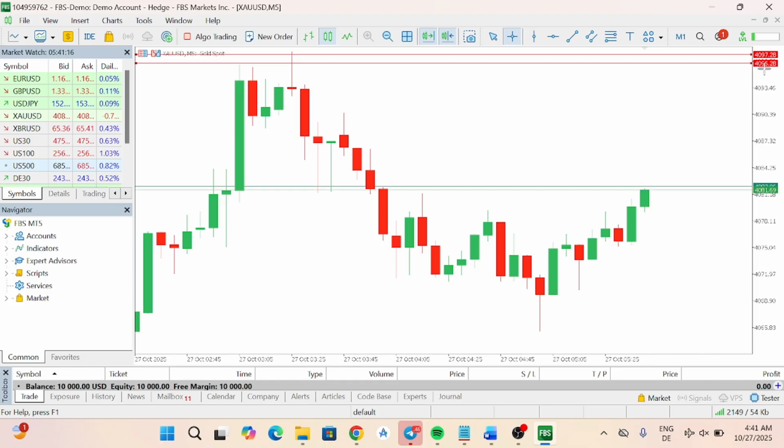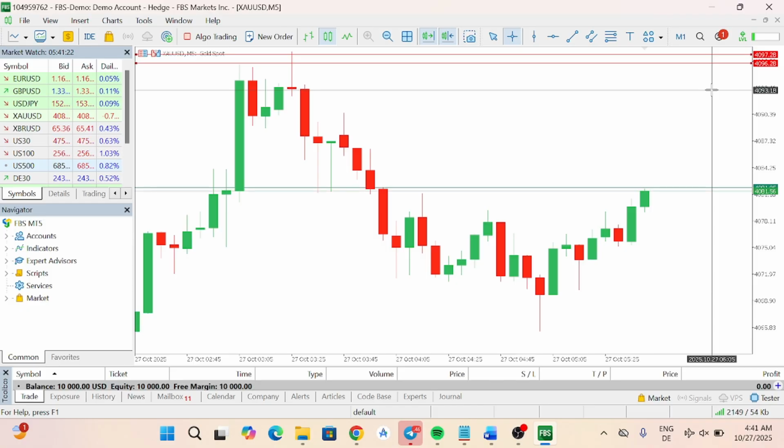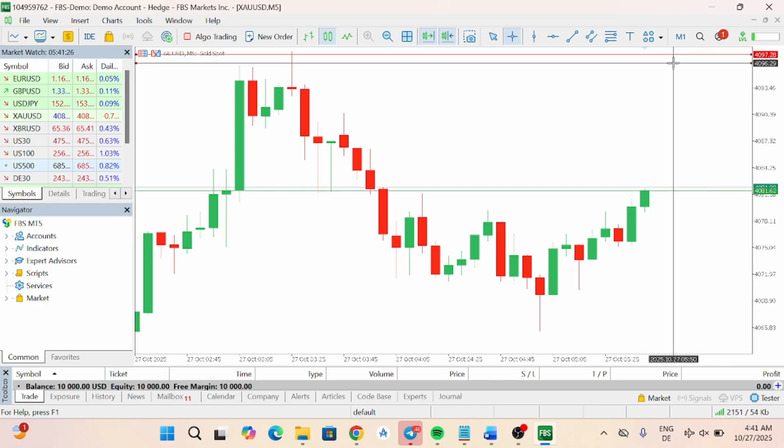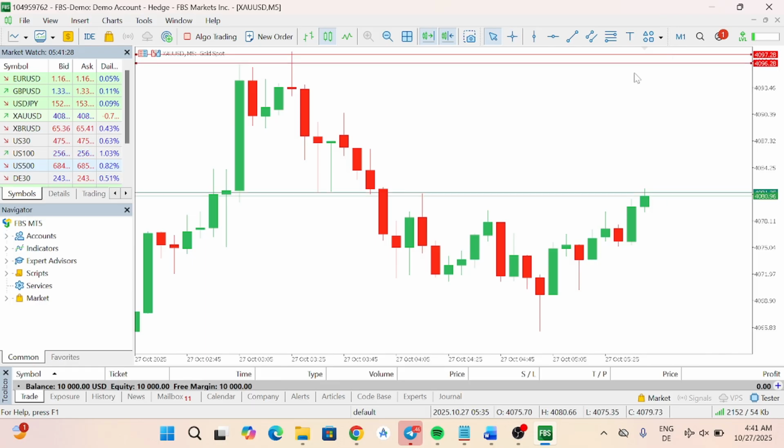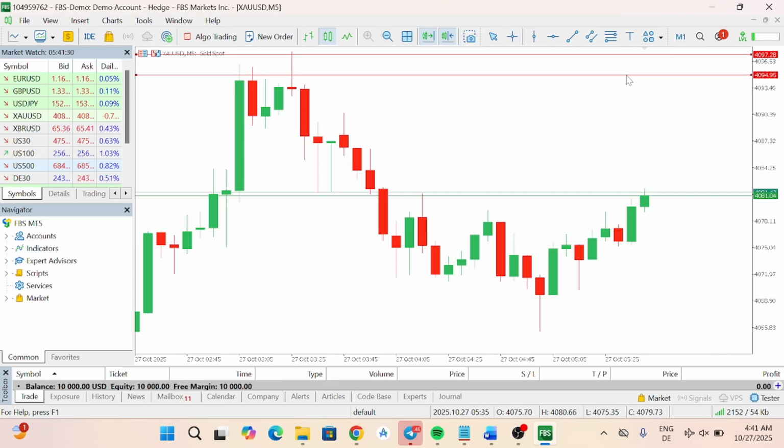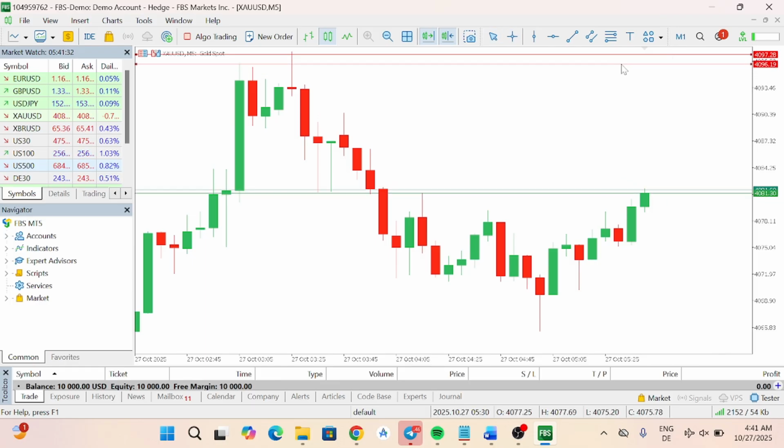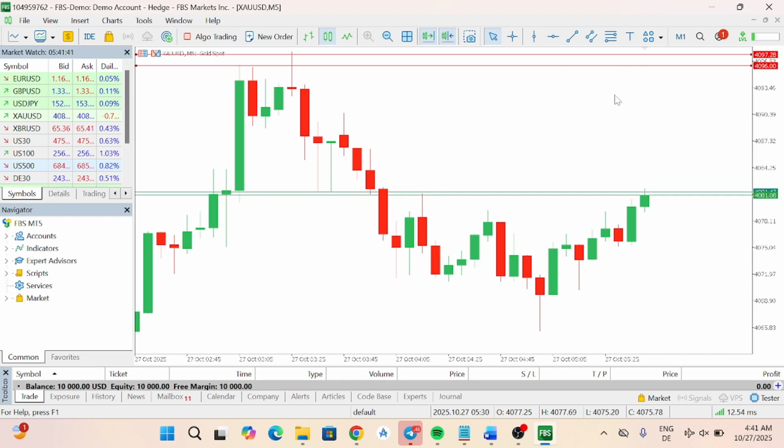If you're counting from the back, this is 6.2. After 6.2 is 7.2. That means the market moved 1 pip. So let me say this is 6.0 and this is 7.2. That means the market moved 1.2 pips.